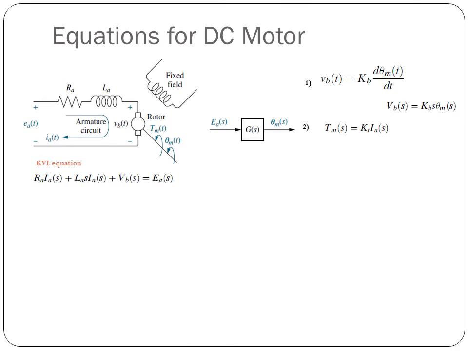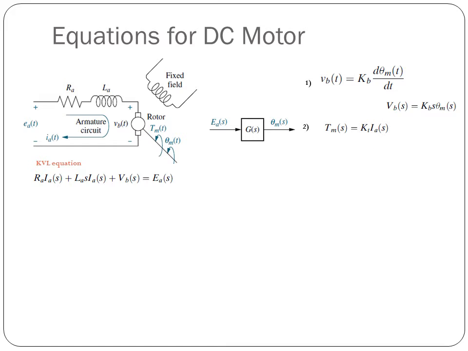Okay. Secondly, we have to remember that our developed torque in the rotor is proportional to the input current in the armature. So the more the current, the more torque we will have, right? The equation is like this: Tm is equal to Kt into Ia.